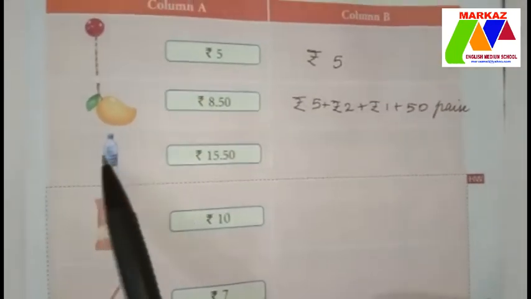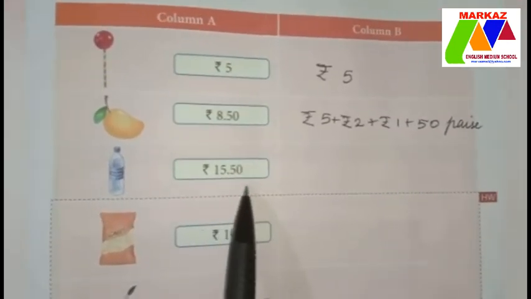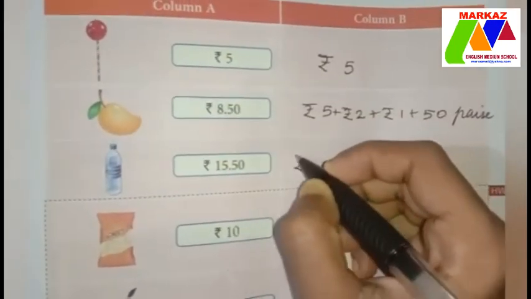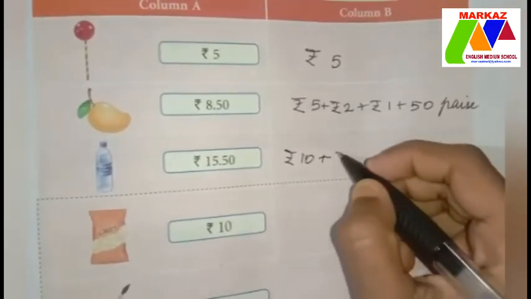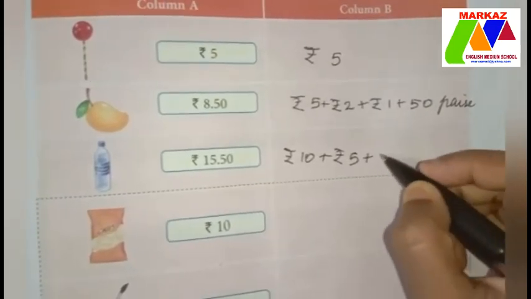To buy this water bottle of 15 rupees and 50 paise, we can use 1 10 rupee coin plus 1 5 rupee coin and 1 50 paise coin.